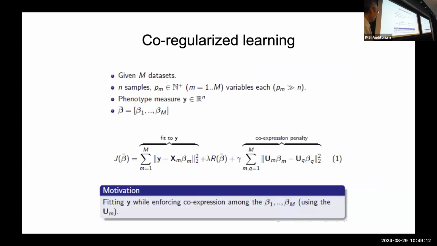Mathematically, if we have m data sets and n samples, we can use the regression model to fit the phenotypical trait Y. In addition, we can incorporate their interactions as a regularization term. We can also use prior knowledge such as structural information, which is typically found in imaging and genomic data.